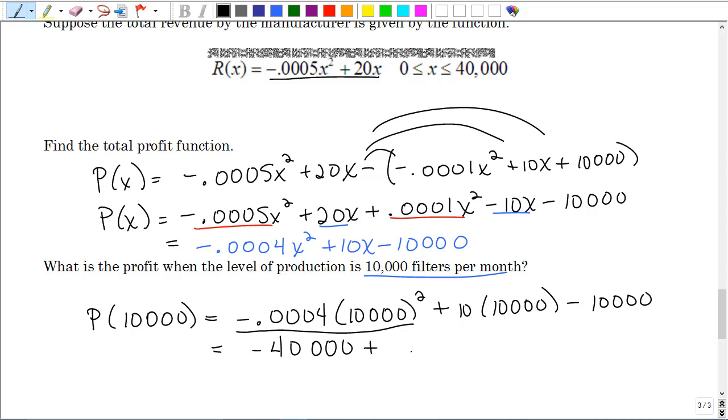So this is going to be 100,000. I know, a lot of zeros. And hopefully, if I've not missed any zeros, my profit on 10,000 filters is $50,000.